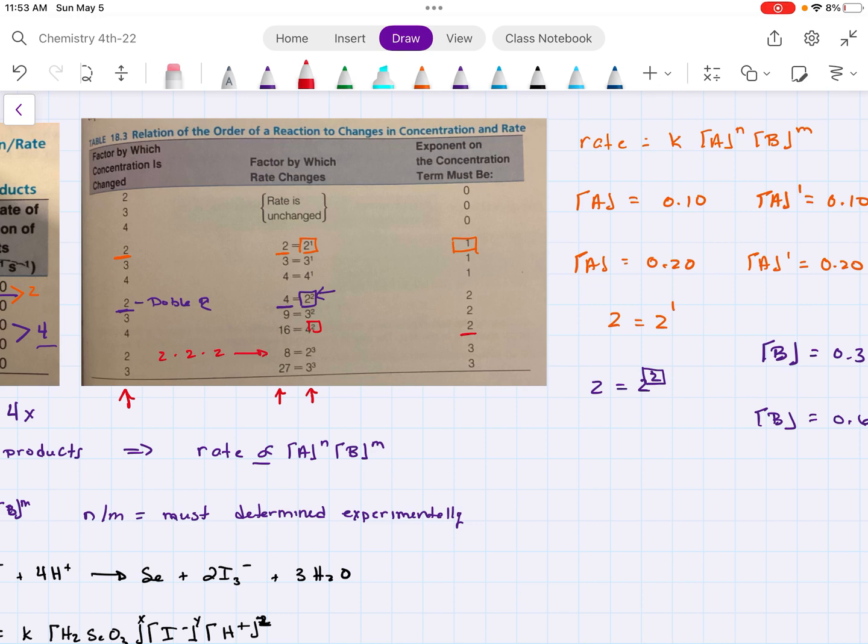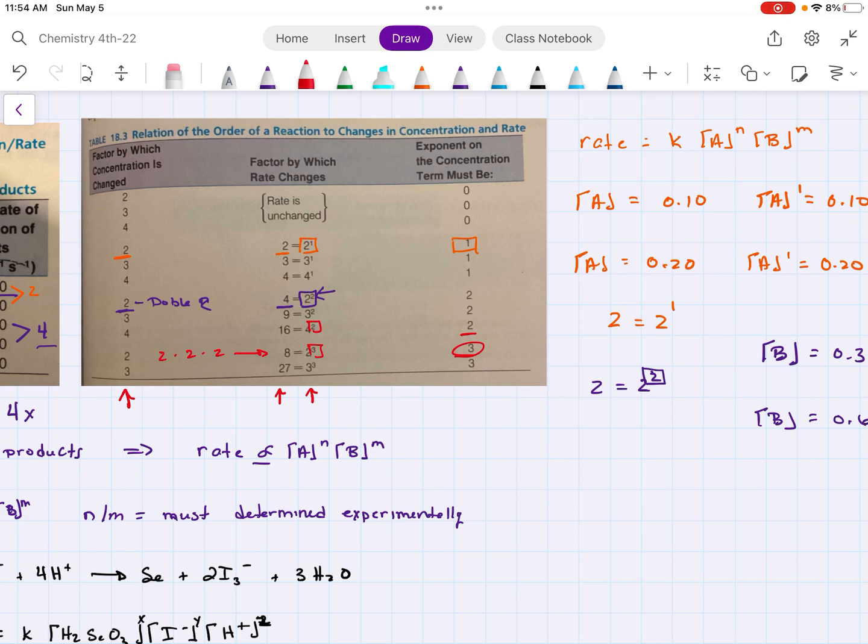So if you see a doubling in the reaction but then you see an eightfold increase in your products, then the exponent that goes here is a 3, which means you have a third order reaction. And we'll get to what the order of reactions are in just a minute.